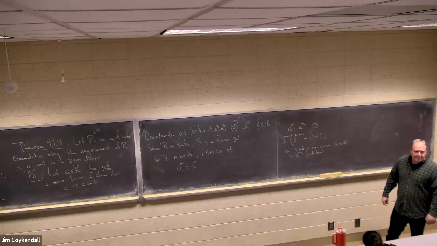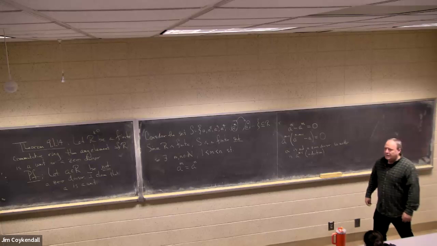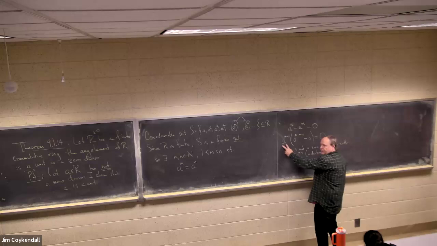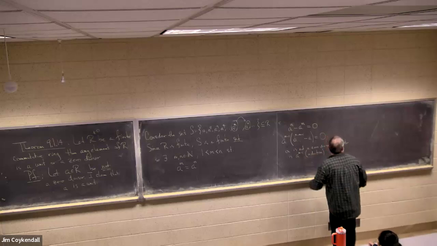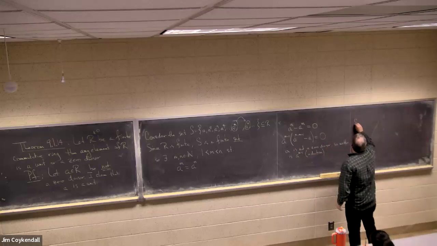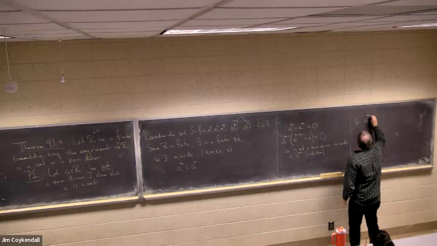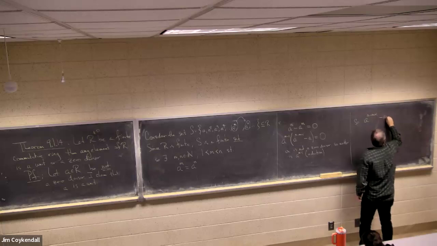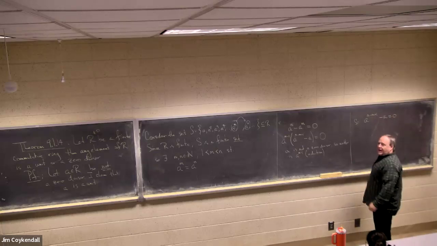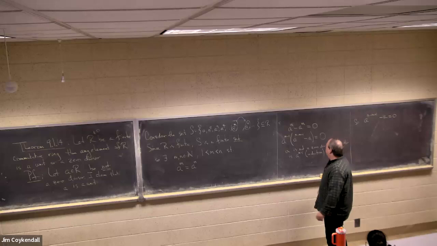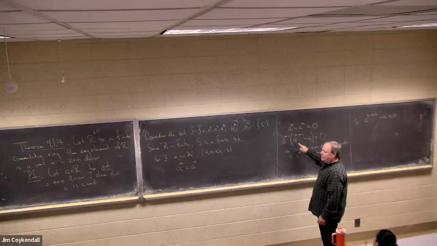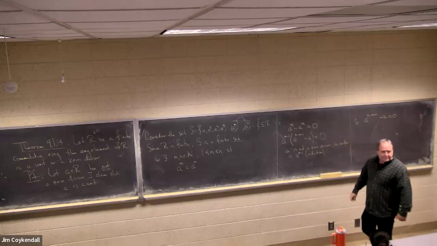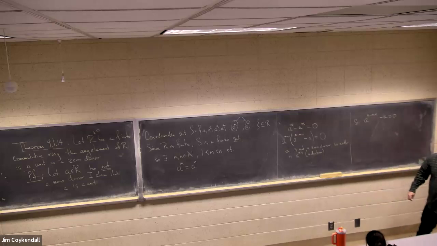Everybody comfortable with that though? So if this is not a zero divisor and this product is 0, what must be true of this other factor? That means that other factor has to be 0. If this is not a zero divisor and their product is 0, this has to be 0. Okay, so far.